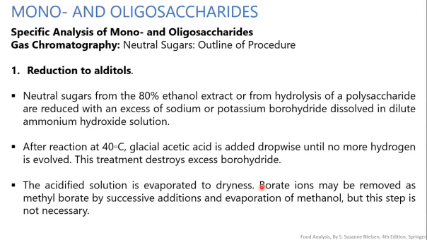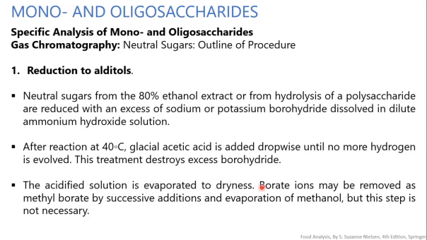Then the next one is the neutral sugar. Considering neutral sugar, the neutral sugar from the 80% ethanol extract or from hydrolysis of polysaccharide is reduced with excess of sodium or potassium borohydride, which is dissolved in ammonium hydroxide solution. After reaction at 40 degrees Celsius, glacial acetic acid is added dropwise until no more hydrogen is evolved.